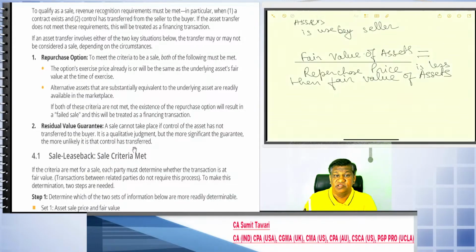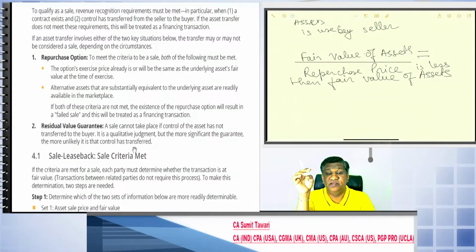In the first case, the repurchase option, if I need to pay the fair value for buyback, that means my EMI or lease payment has not considered the repayment of the asset. If the repurchase price is at the fair value of the asset, then we need to consider this a sale transaction. It is not a financing transaction.